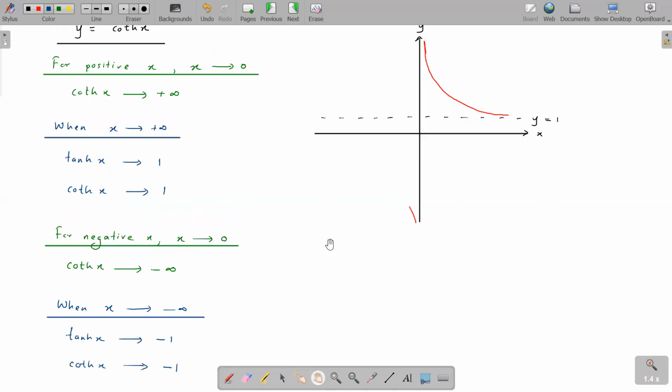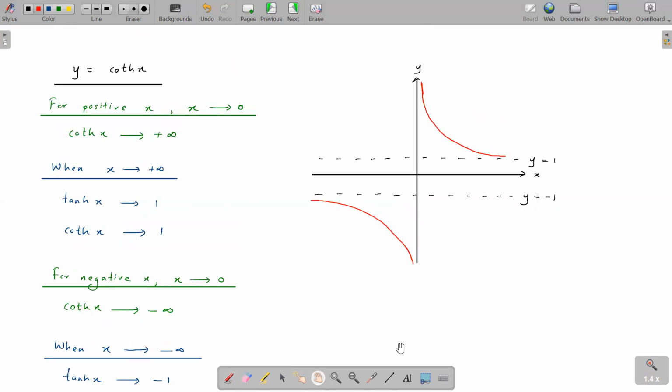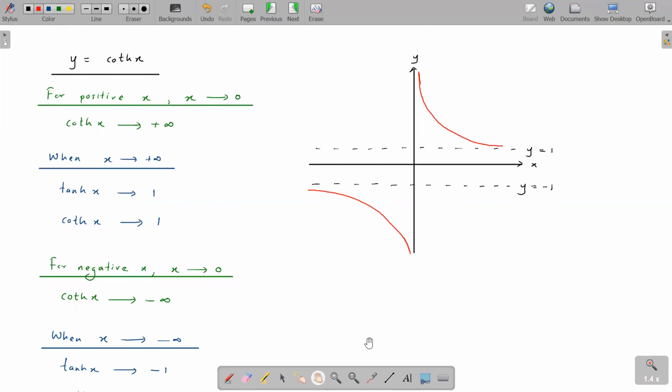Right, guys? So you can see that the graph is limiting at minus 1. It can only reach as far as minus 1. Right, so that's it. Can you see, guys, the graph of hyperbolic cotangent?